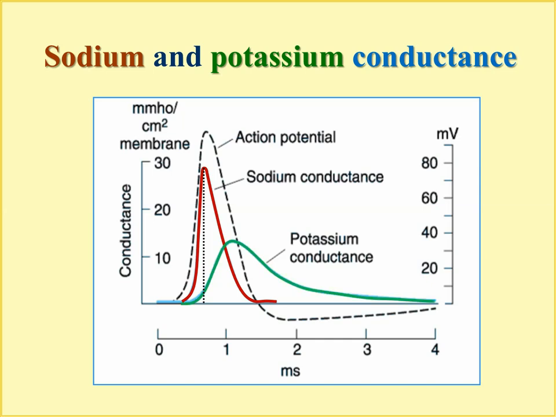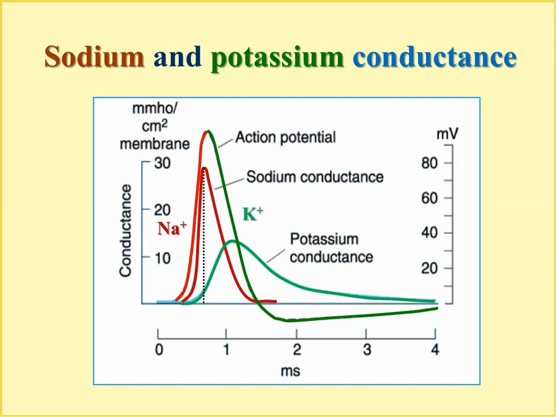And after the peak is reached and sodium channels start to close, exactly by this time the potassium conductance starts to increase. So potassium conductance comes later, and its increase is later. And so, due to sodium conductance, we have the first phase of potential, which is depolarization, and then the second part of it is due to potassium going out of the cell.